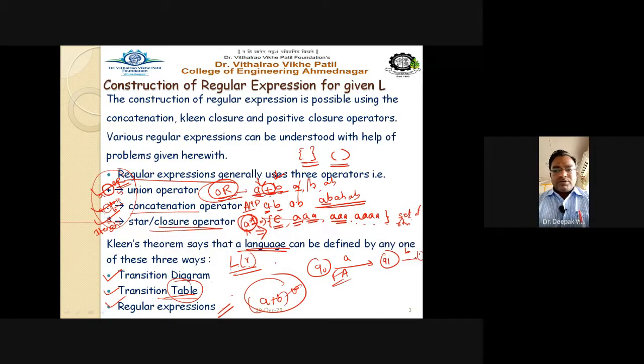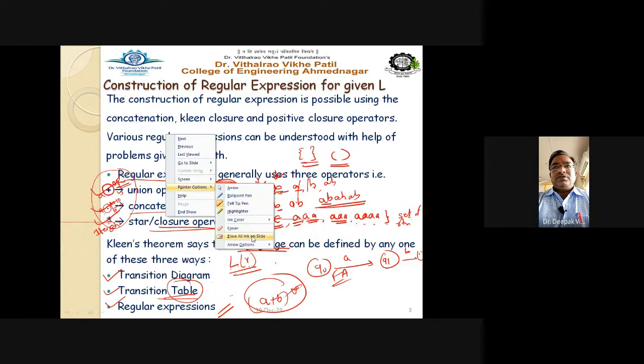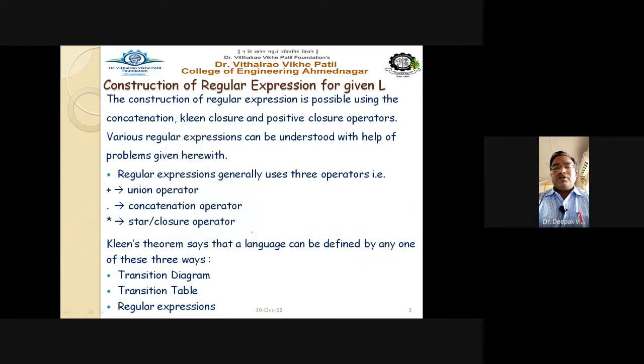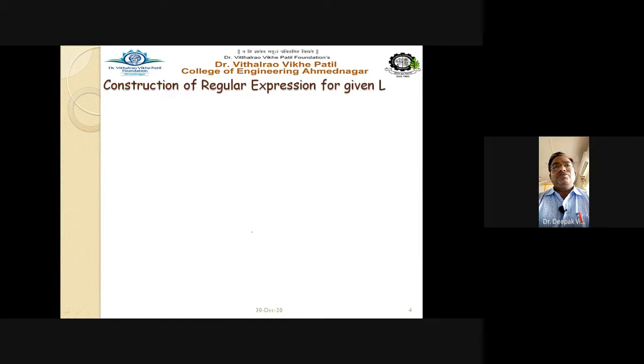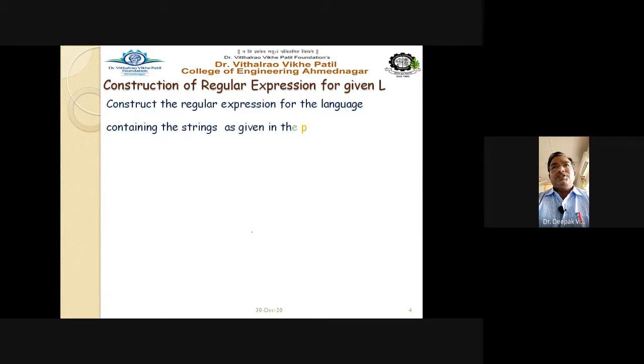Getting this point? So let us start solving examples on writing a regular expression for a given language. Read the question carefully.